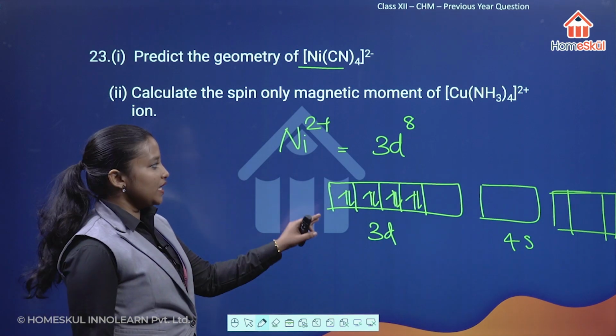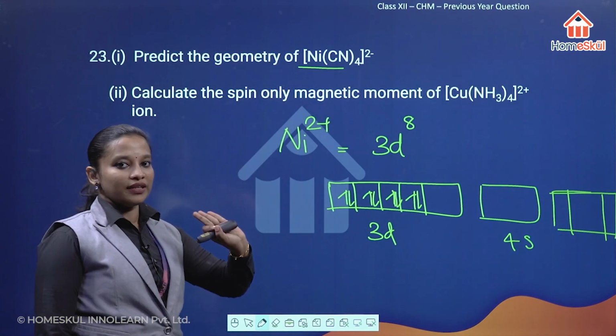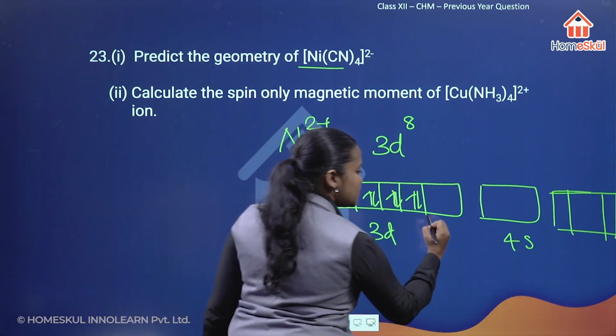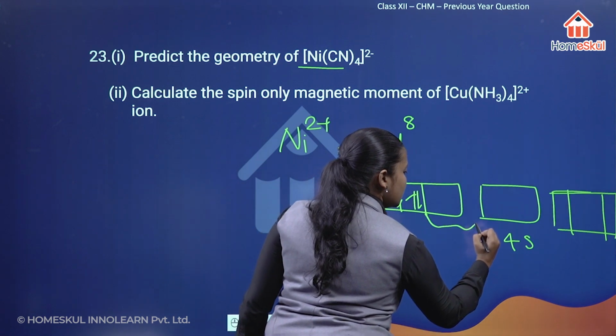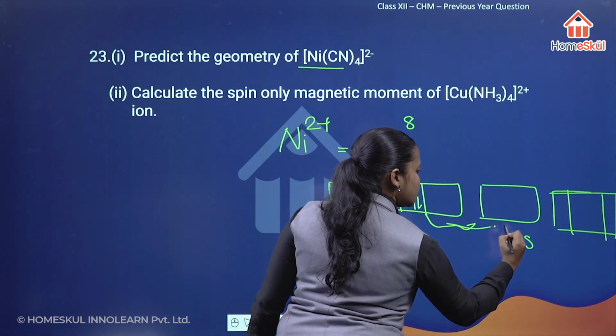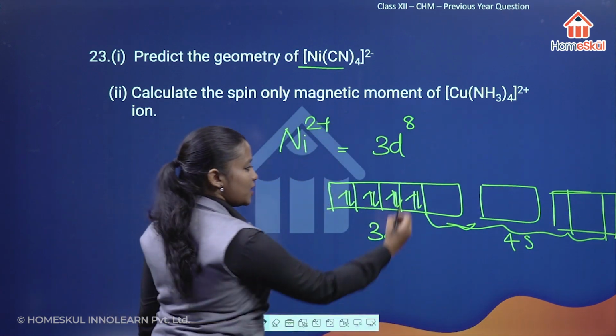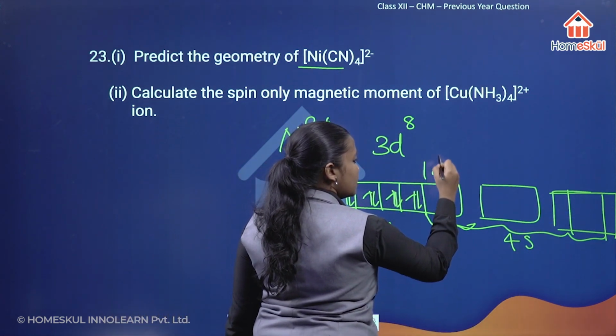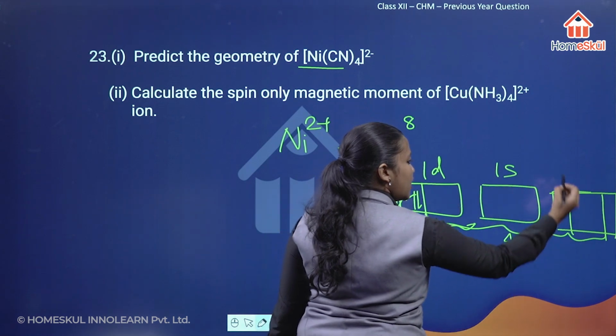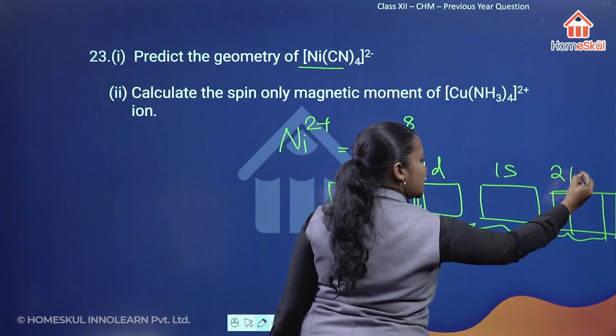Okay, so we have 4 ligands here. The 4 ligands will attach to the 1, 2, 3 and 4 orbitals. Okay, that means 1 d, 1 s and 2 p.